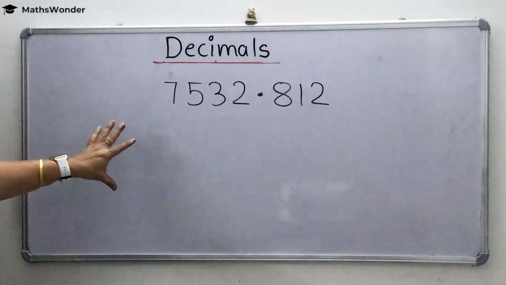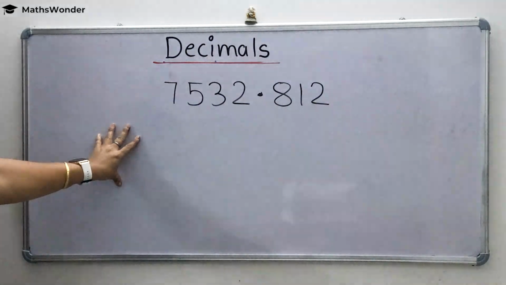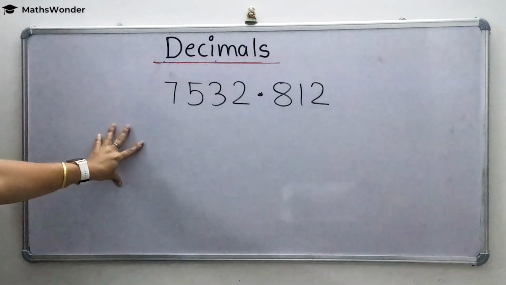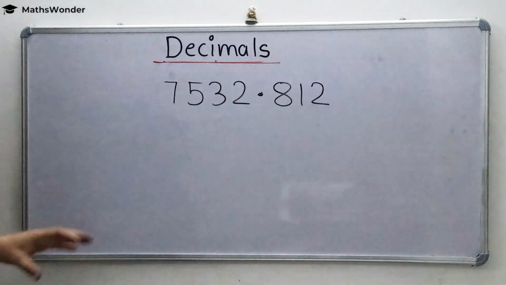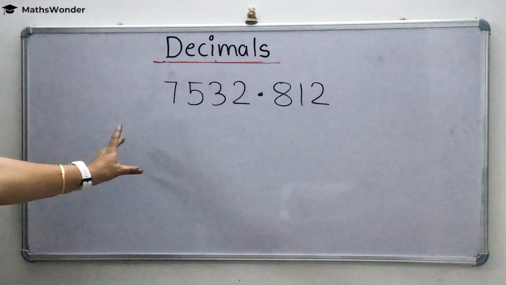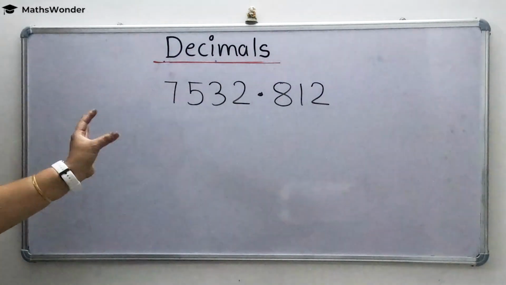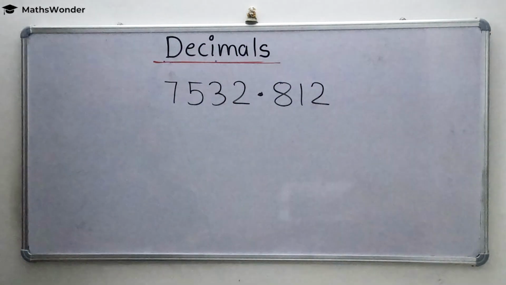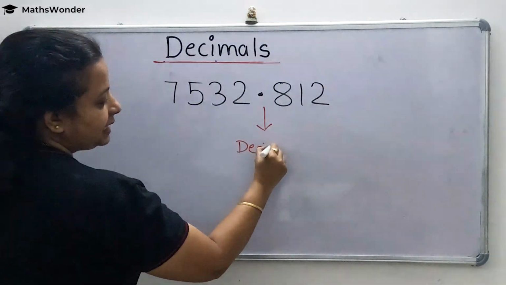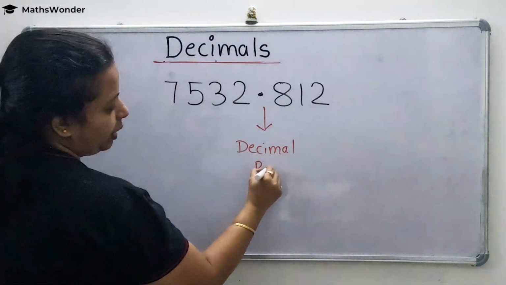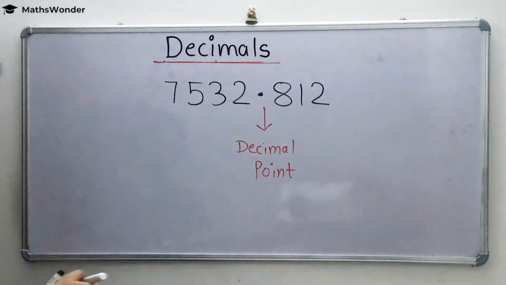So look at the number 7532.812. The small dot which appears between the digits 2 and 8 is called the decimal point. What do you call it? Decimal point. Now, next.